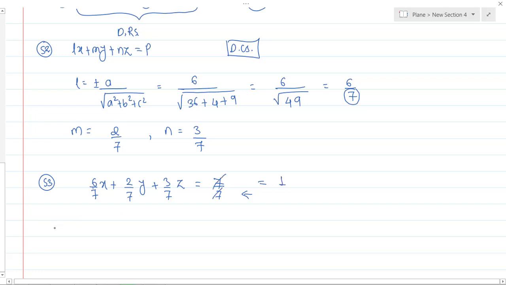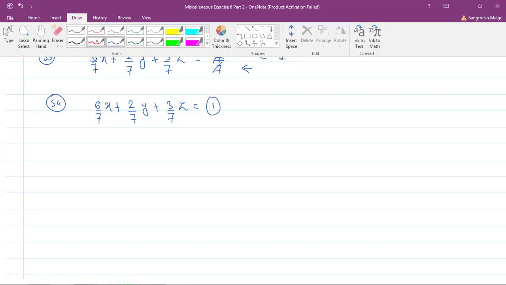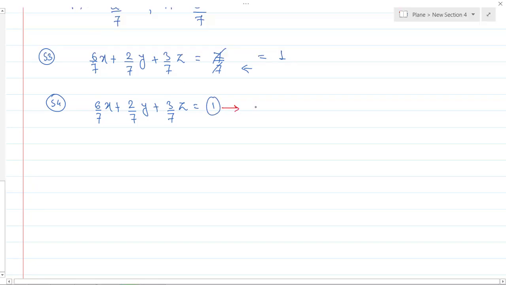So what is your final answer? Step number 4 is what our final answer is. So I can write this as 6 by 7 X plus 2 by 7 Y plus 3 by 7 Z is equal to 1, and the 1 is nothing but the perpendicular distance of the plane from the origin. And this is my answer.